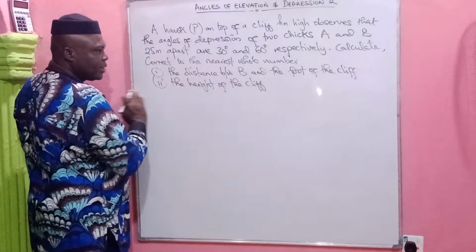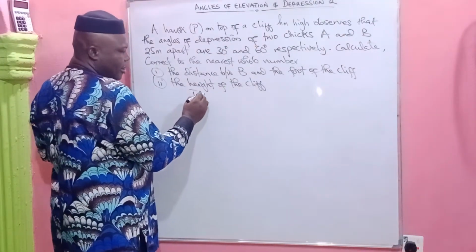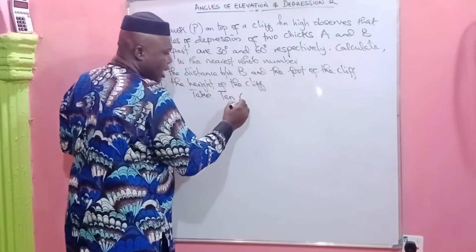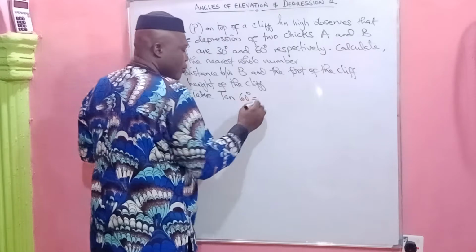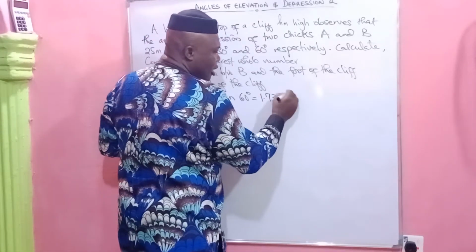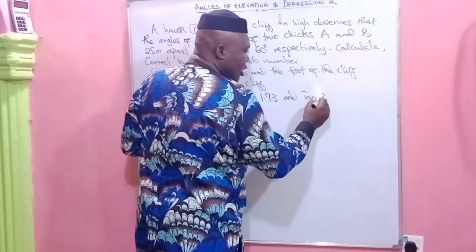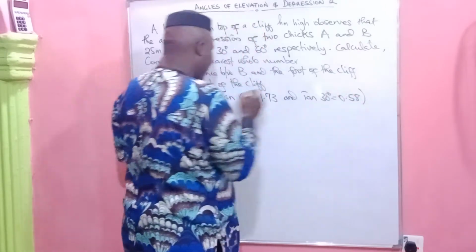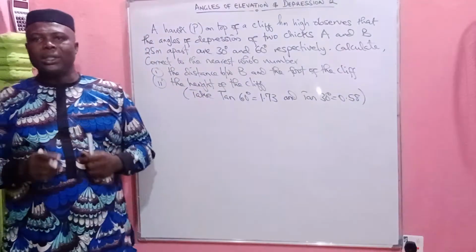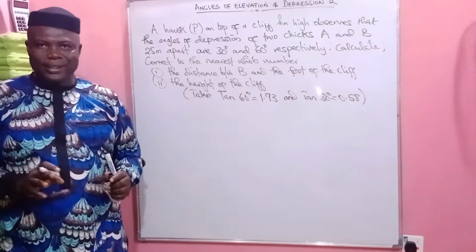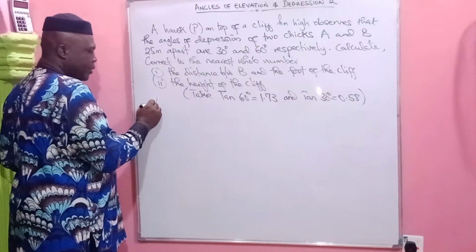Now, the question says, take tan 60 degrees to be 1.73 and tan 30 degrees to be 0.58. So you've been given what to take as tan 30 degrees and as tan 60 degrees.